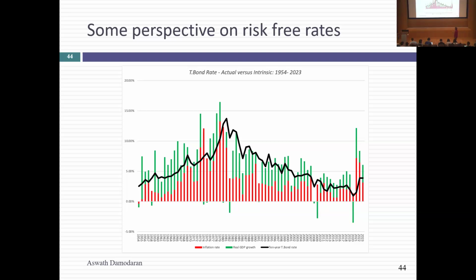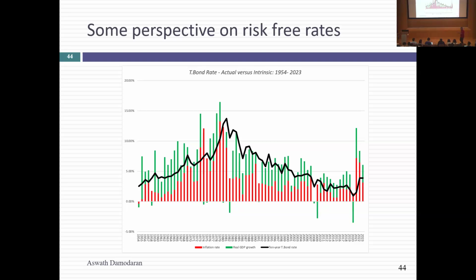On the same graph, I have two numbers that I pulled up each year. I pulled up the actual inflation rate, not even the expected number, so it's a kind of simplistic measure, and the actual real GDP growth that year. So if your actual inflation rate is 2% and your real GDP growth is 1.5%, I add the 2 to the 1.5%. I come up with what I call an intrinsic risk-free rate, a risk-free rate based on fundamentals.